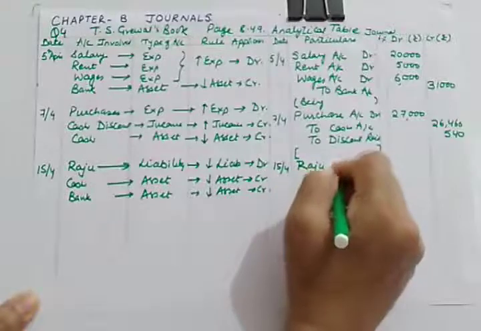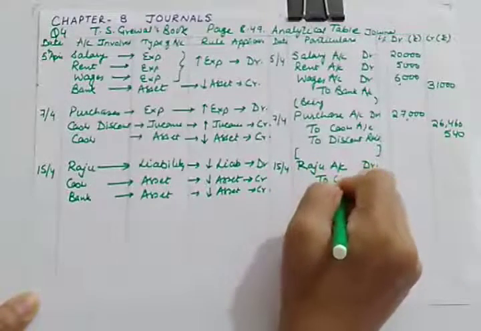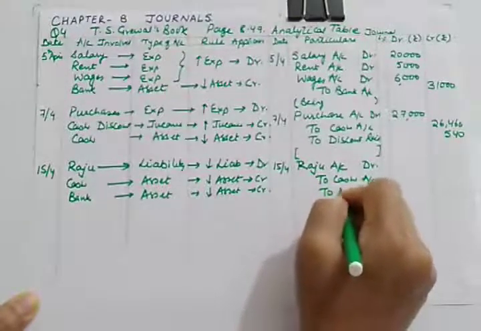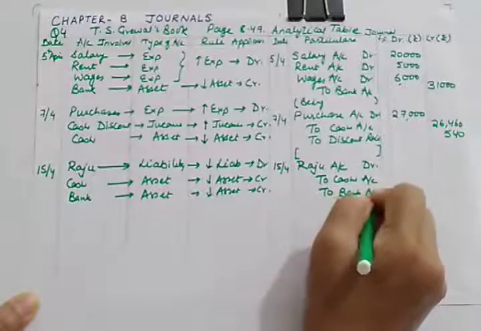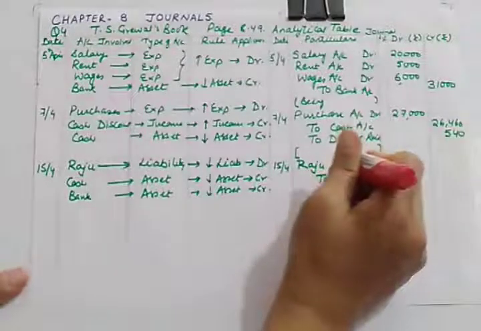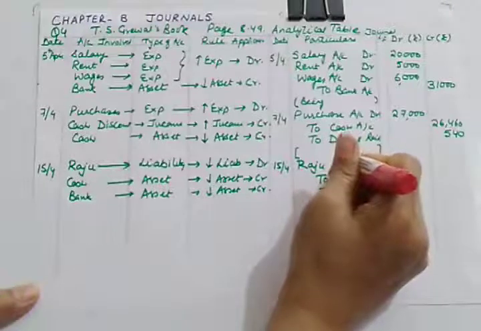Raju account debit to cash account and to bank account. And normally this word account is not written in front of the name of the person, so you can remove this account.